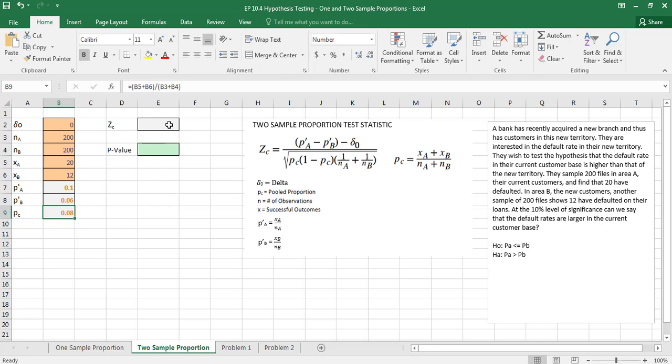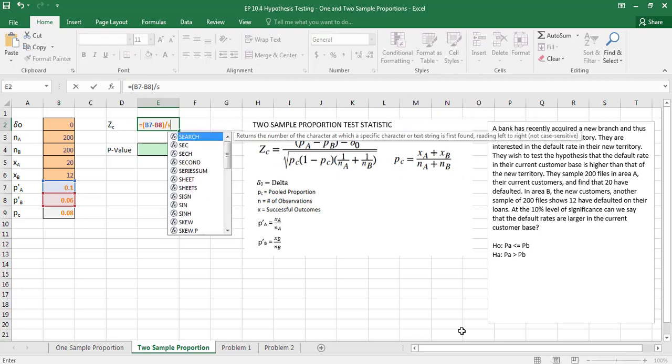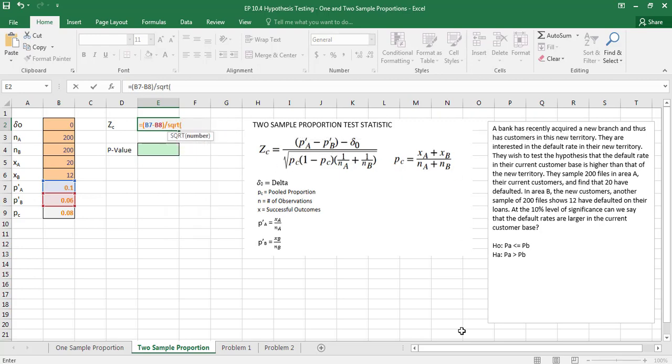Alright, now for the z-score, and that is this big old formula that we have right here. So we're going to use open parentheses for the top, which is P prime sub A minus P prime sub B. It also tells us to subtract delta naught, but since that was 0, I'm just going to leave that out. It doesn't make any difference in the equation since it's 0. We need to divide by, and we have a big square root symbol, so SQRT, square root.